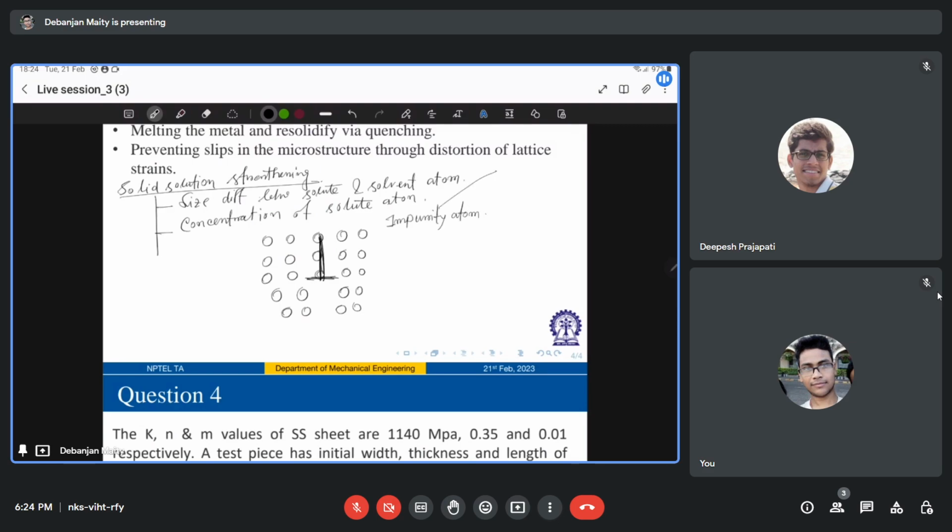You have come across this substitutional solid solution, interstitial solid solution. So there are two different things, substitutional and interstitial. Now whenever there will be these impurity atoms, they always distort this lattice and generate lattice strains.